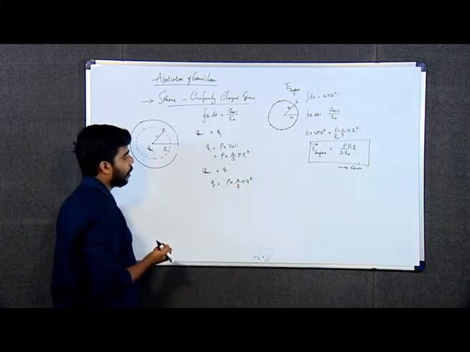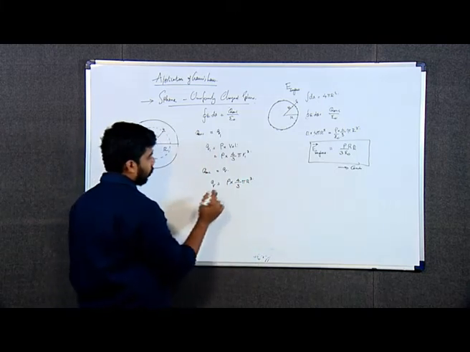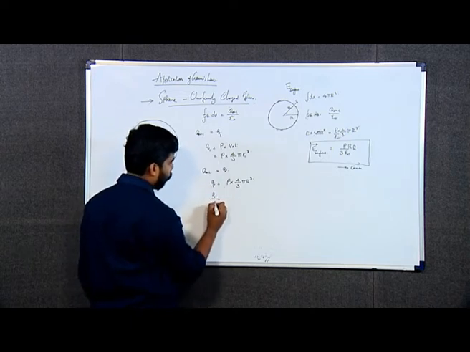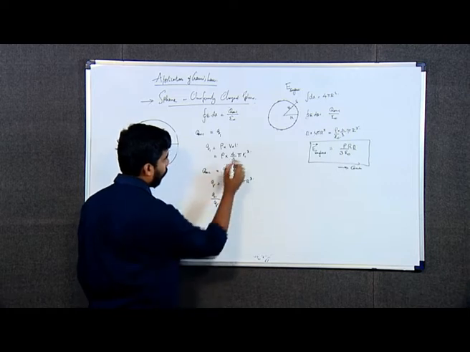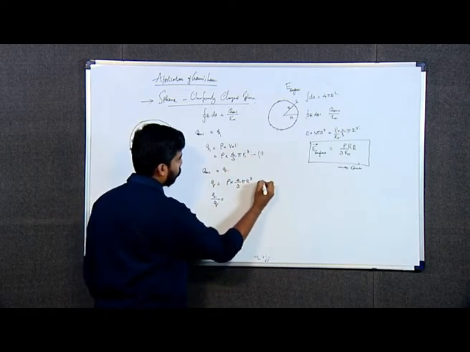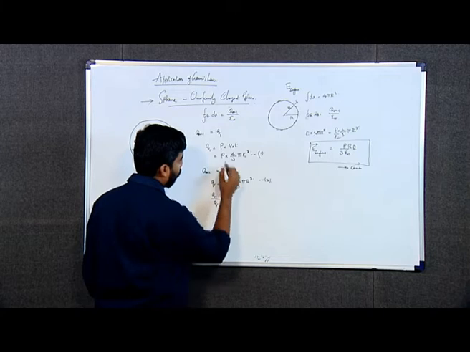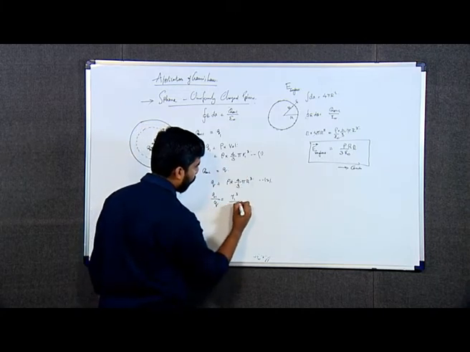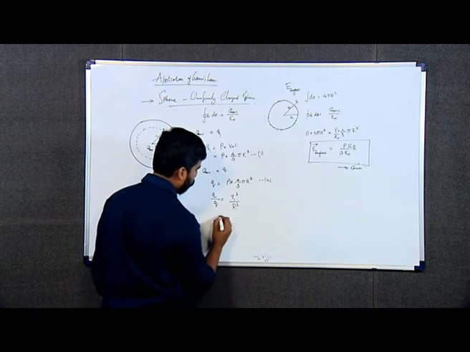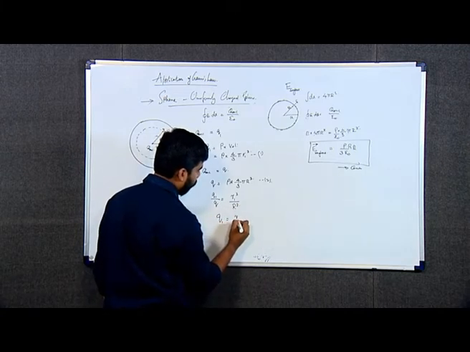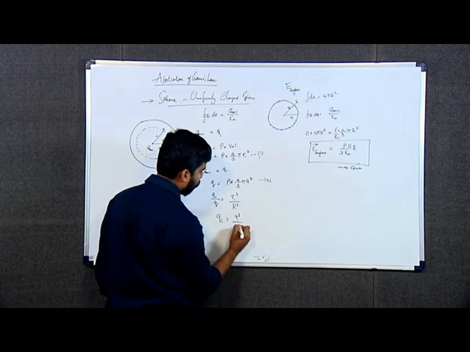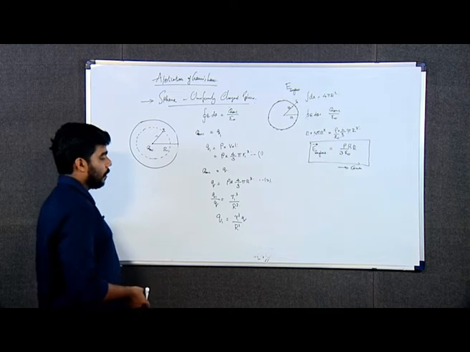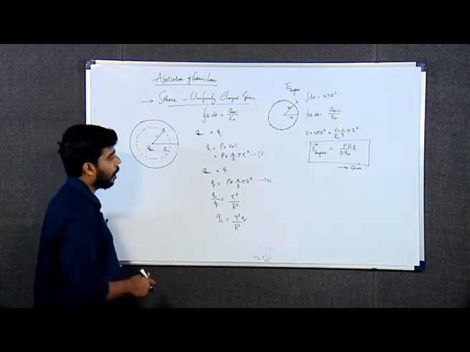So I can write, dividing these two, equation 1 and 2, Q1 by Q is equal to rho and rho will go, 4 by 3 will go, which is equal to r1 cube by R cube. So Q1 is equal to r1 cube by R cube into Q.